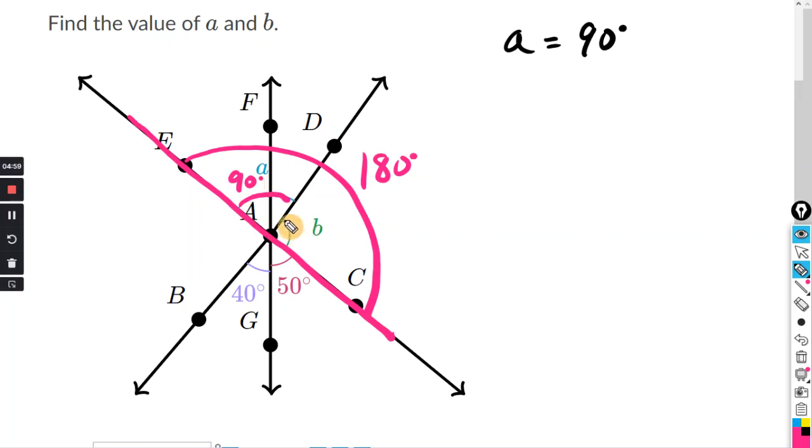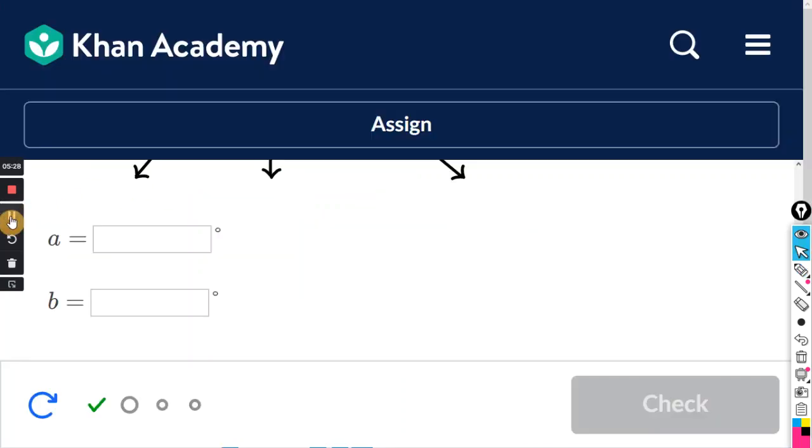So angle B, which is this one right here, is just going to be 180 minus 90. So that's also 90 degrees. You can set up an algebra equation if you want, but we said A was 90, so this one right here is 90. And if this is 90 and the whole thing is 180, this angle here is 180 minus 90. So that was a 90 on both.